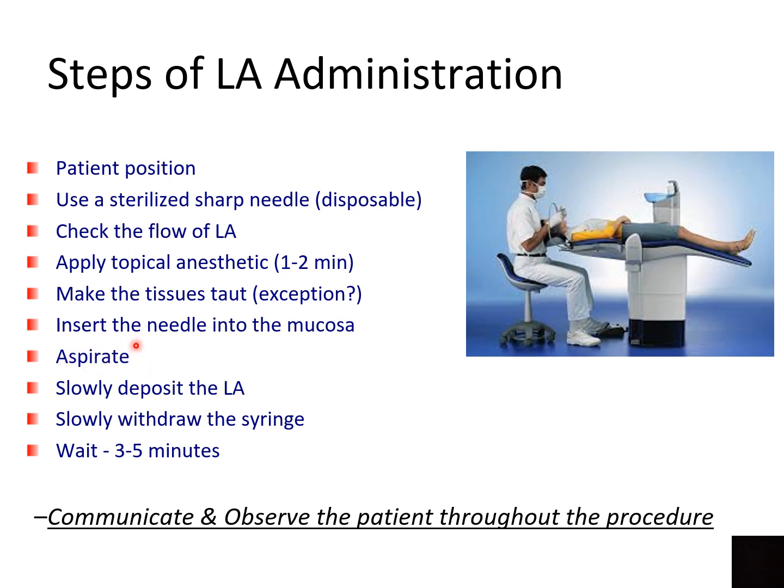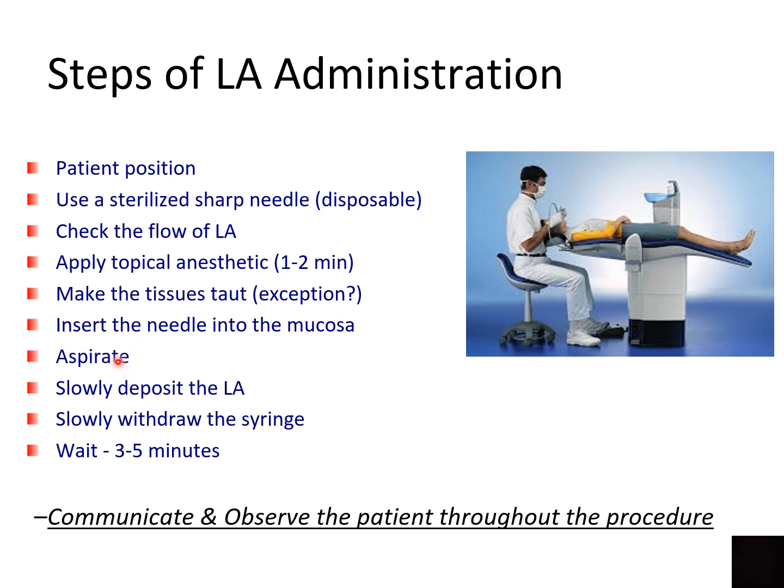And one of the key advantages of the Safety Plus syringe is that aspiration can be elicited predictably if you know how to use the LA syringe, Safety Plus syringe. And this was not possible with the traditional metal syringes we've used as dental students and clinicians over the last 15-20 years.